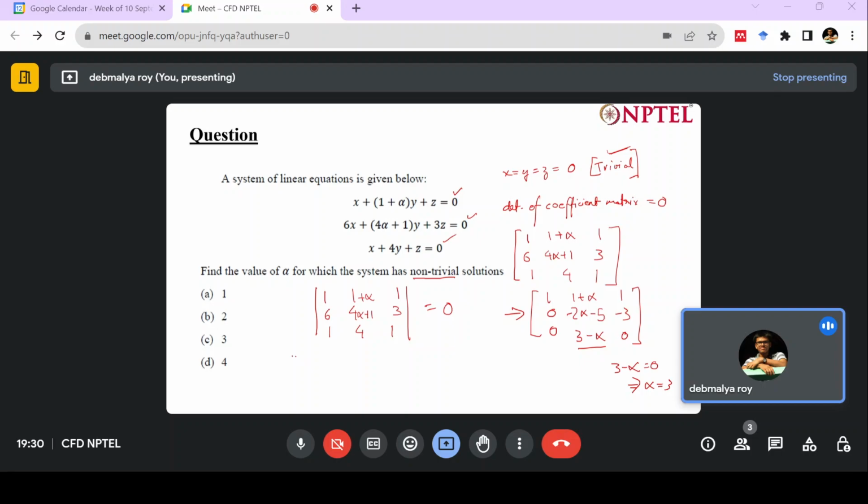So this is 4 alpha plus 1 minus 12, minus 1 plus alpha. This is 6 minus 3. Okay. Plus 24 minus 4 alpha minus 1. This is equal to 0. So you can calculate how much this will be.